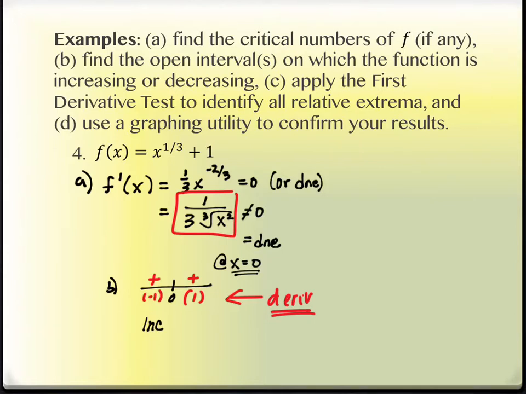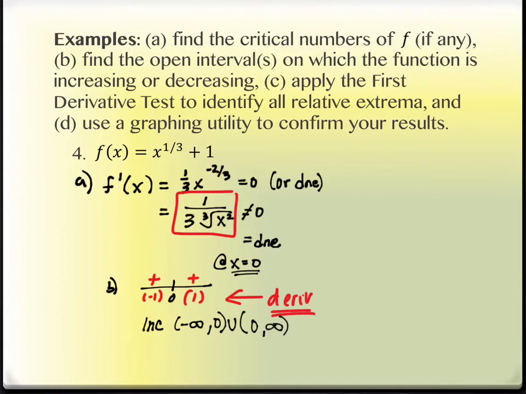So it's increasing from negative infinity to 0, where it stops briefly, and then it's increasing again from 0 to infinity. So I have 2 pieces where it's increasing, separated by one little spot where, for some reason, I have an asymptote in the derivative. We're going to look at the graph in a minute, so I'll show you why.